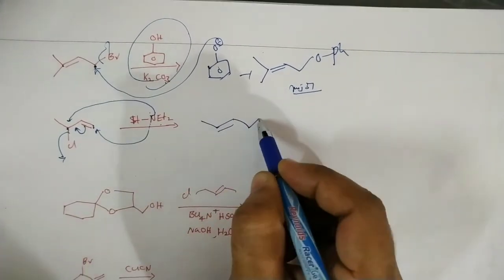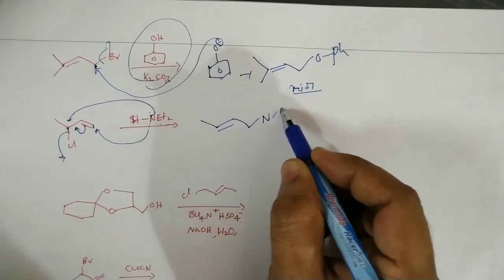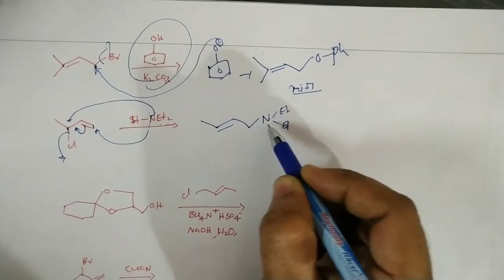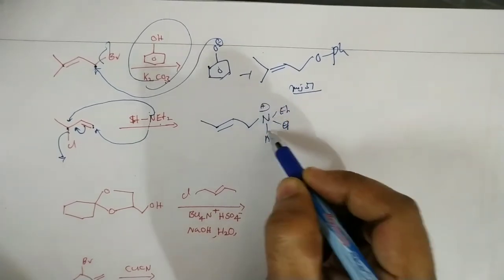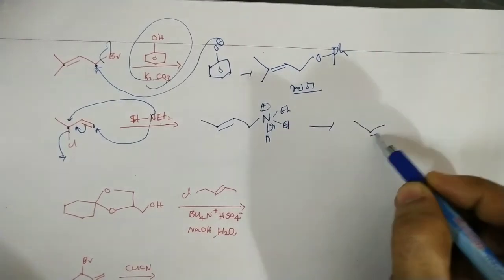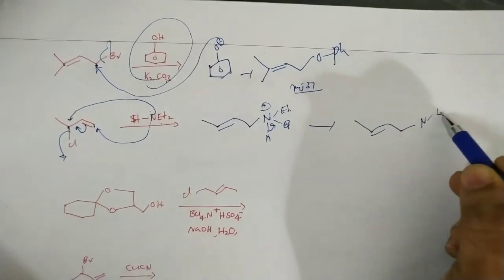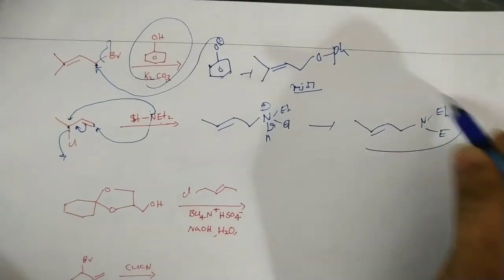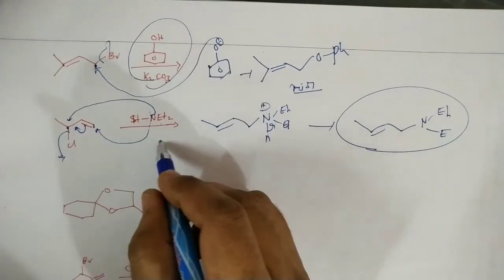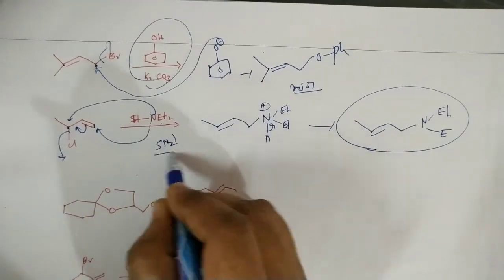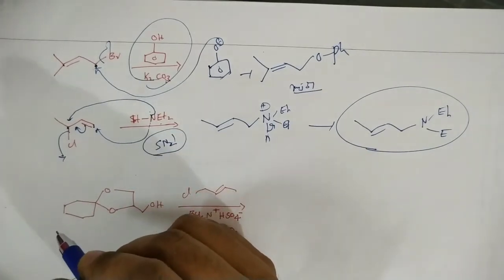That means here double bond, this N ethyl and this nitrogen carries a positive charge. Next, by loss of H plus we will get this product. That means it is an SN2 prime type reaction. Okay, SN2 prime reaction.